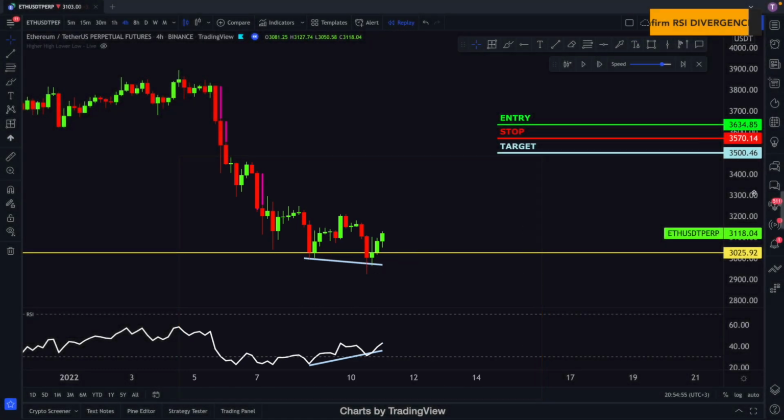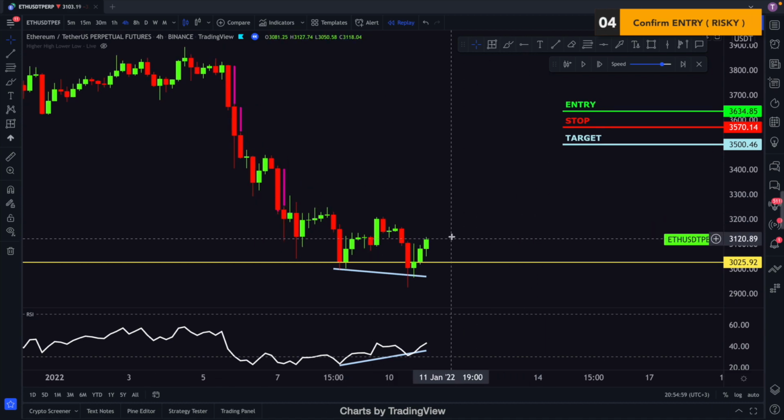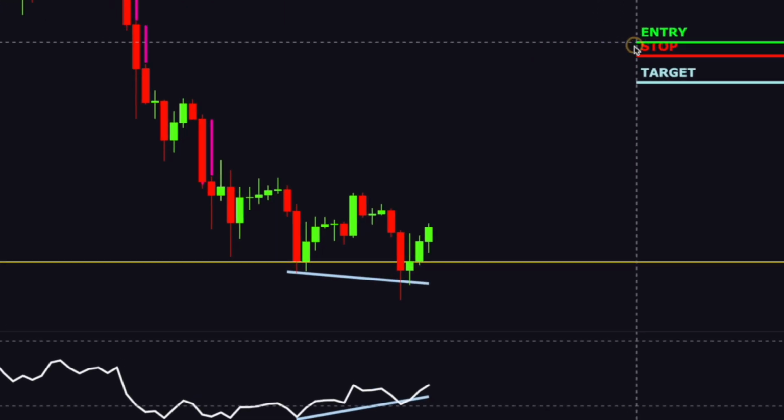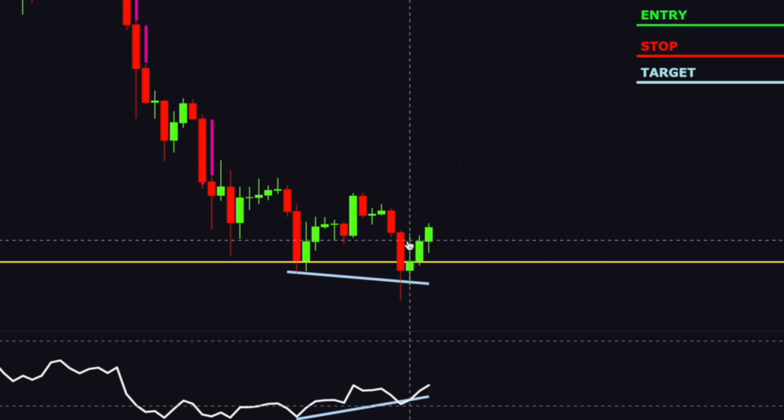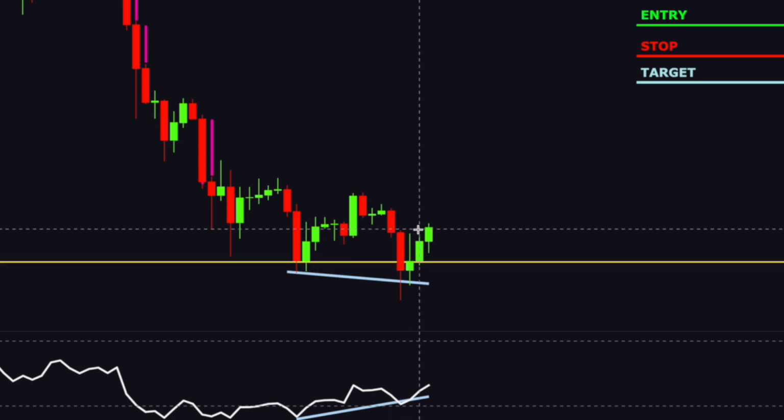Step 4. Confirm entry. Let's find a risky entry for this one. I'm looking for the last red candlestick with the largest body, which is close to the support line. As you can see, this red candlestick is insanely strong. But if the bulls can beat this candlestick, we have a window to enter.